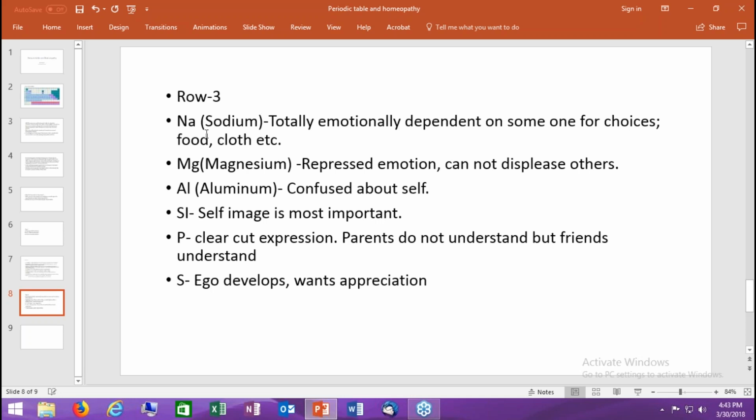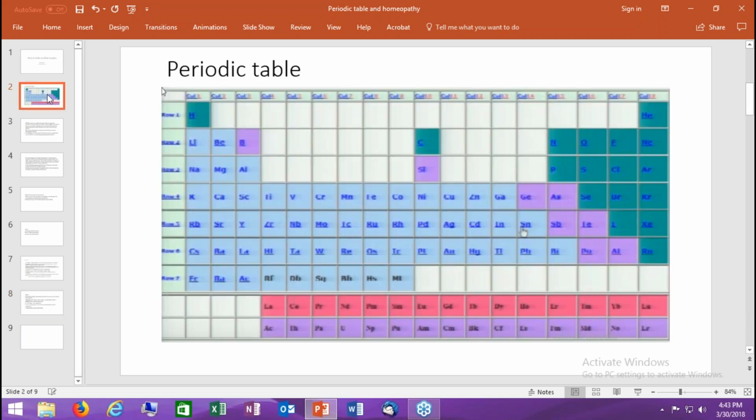Just he wants someone to take care of him. Emotionally, he is dependent upon someone. But here in sulfur, there is no dependency. So this is how the various elements of the periodic table can be thought of for giving a homeopathic prescription.